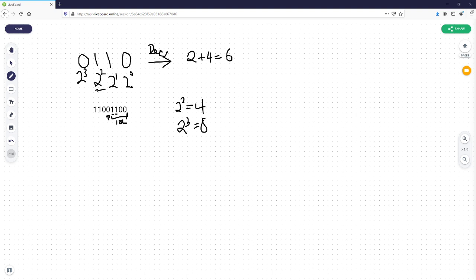Okay, so we have 0 in the 2 to the 4's place, 0 in the 2 to the 5's place. Then we have 1 in the 2 to the 6th place and the 2 to the 7's place. So 2 to the 6 is 64. And 2 to the 7 is equal to 128.